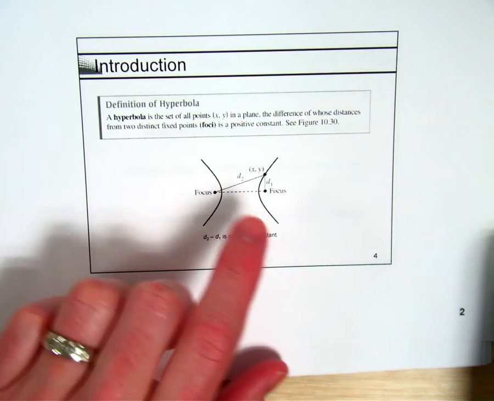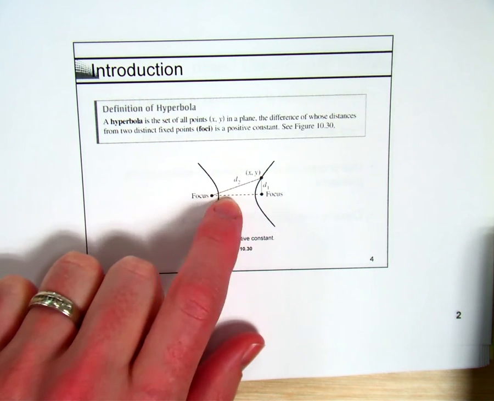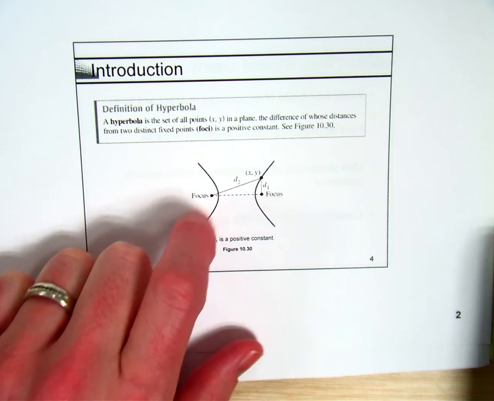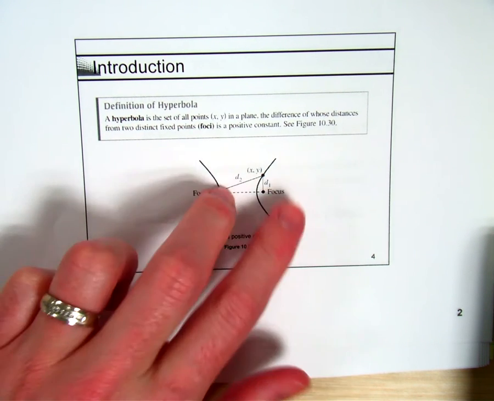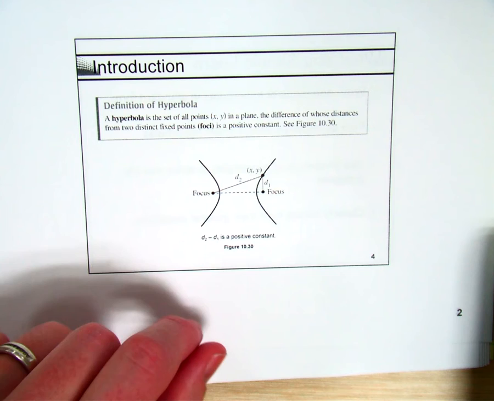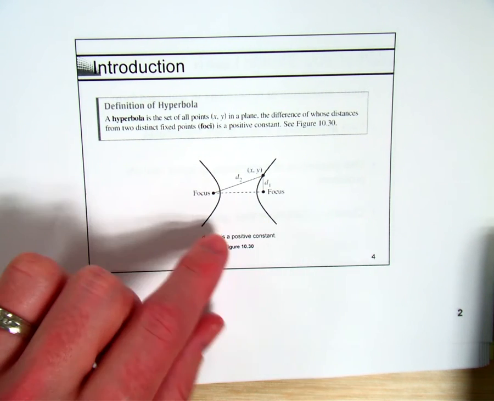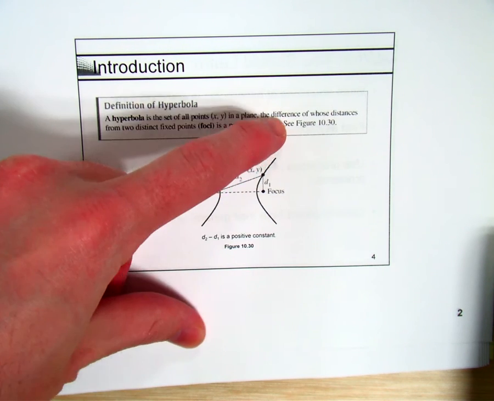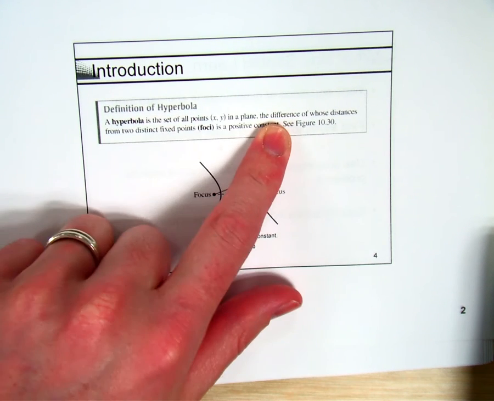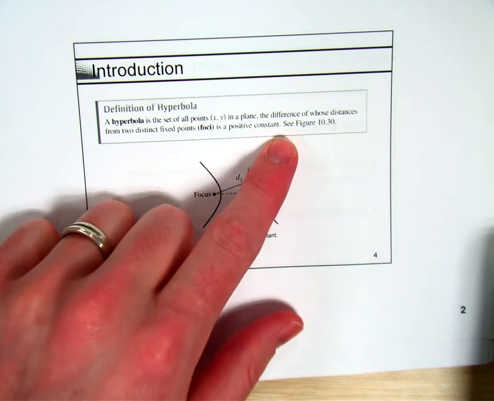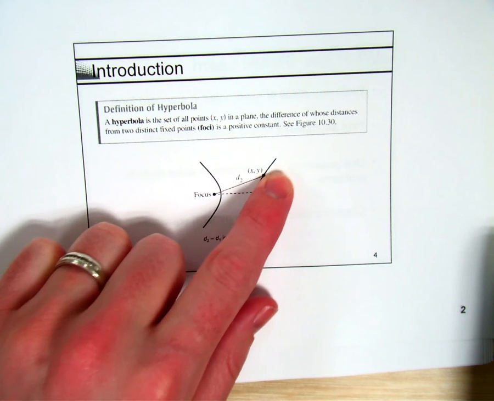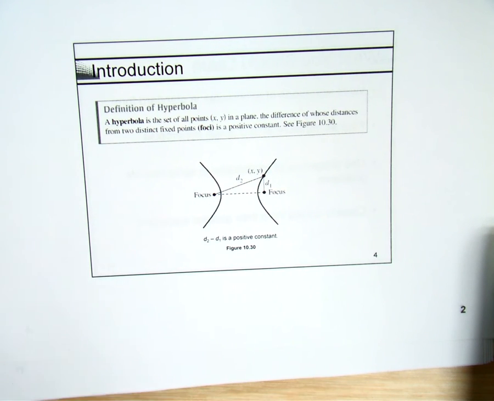I had to reread that, because down here I was like, oh, this is going to stay the same? But it's the difference, not the sum. So D2 minus D1 stays the same. As we get further and further up the branch, this one's also going to grow a little bit, and then the difference should stay the same.